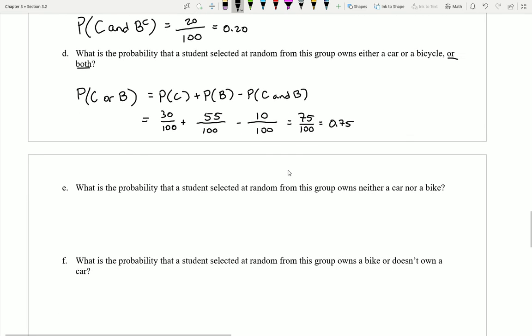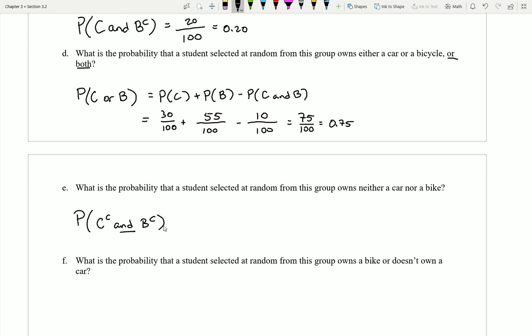Next question. What's the probability that a student selected at random from this group owns neither a car nor a bike? Do I want both those things to happen at the same time? Do I need both of those things to be true about the person? Yes. So I want no car and I want no bike. I want both of those at the same time.